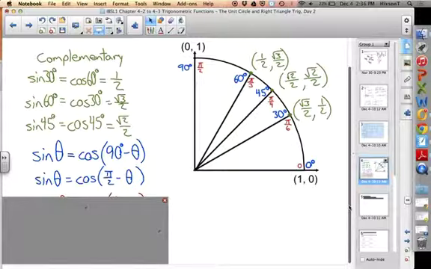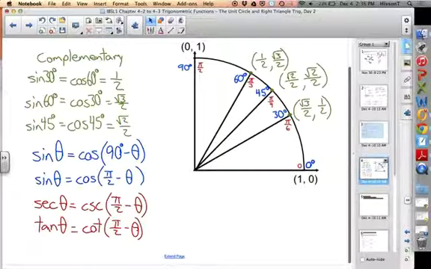And then their last one would be tangent and cotangent. So, those are our other two cofunction identities. The secant of an angle will equal the cosecant of pi over 2 minus that angle. The tangent of an angle will equal the cotangent of 90 minus that angle, or pi over 2 minus that angle.